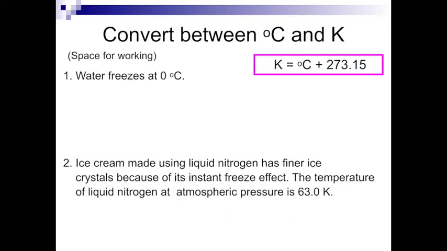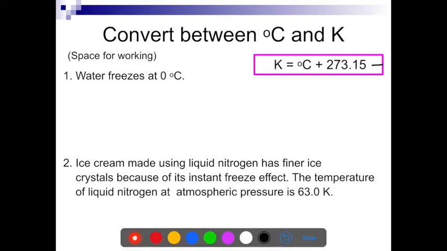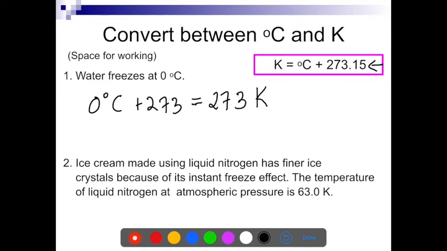Okay, let's answer the first question. Water freezes at 0 degrees Celsius. We want to convert 0 degrees Celsius to Kelvin. As we've seen in this equation here, to convert Celsius to Kelvin, we simply add 273 to the Celsius reading. So 0 degrees Celsius is equal to 273 Kelvin.